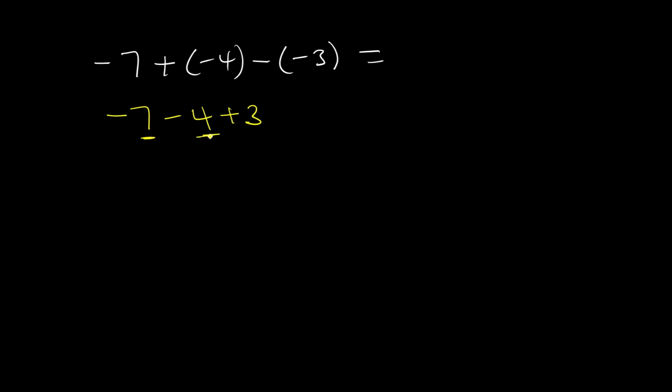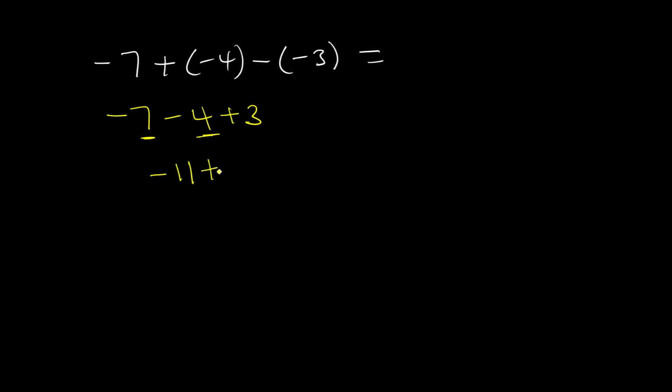So let's look at this. We have -7, -4. Let's assume that the negative numbers are the amounts we are owing somebody, and the positive numbers are what we have. So -7 and -4 will be -11, because we are owing this and that.